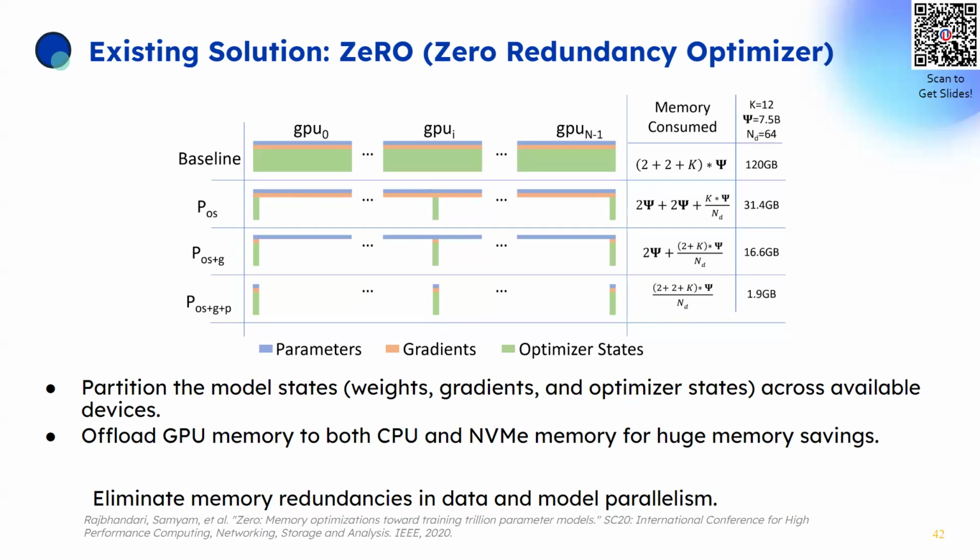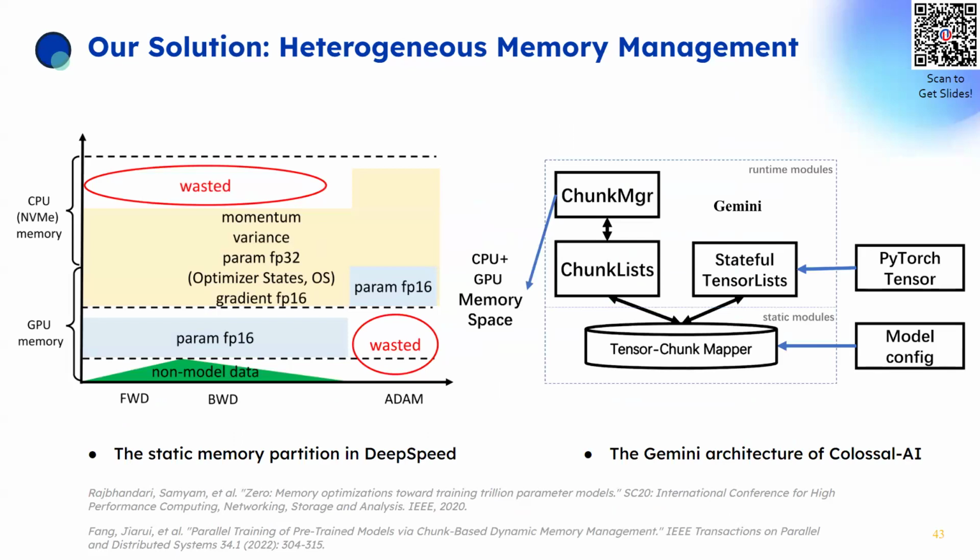There are some existing solutions like ZeRO. Basically, they just partition the model, but they do not use CPU and GPU memory very efficiently. So here, I think the idea is we should build a tensor chunk mapper. We use this tensor chunk mapper to know which part of the tensor is not active.